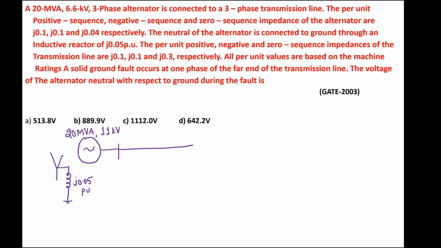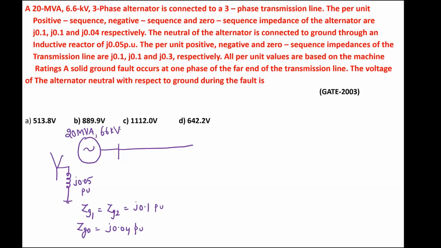And the positive, negative and zero sequence reactances of the alternator are Zg1 equal to Zg2 equal to J0.1, and Zg0 is J0.04 per unit. Sorry, the generator is 20 MVA, 6.6 kV. Yes, voltage is 6.6 kV.